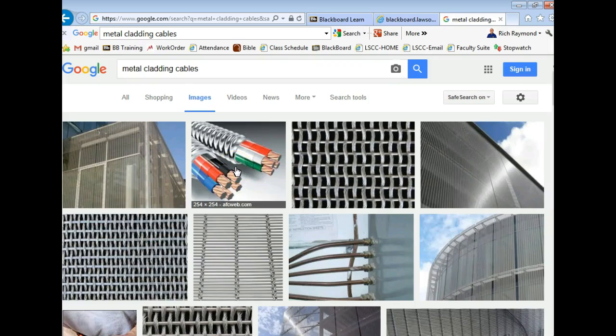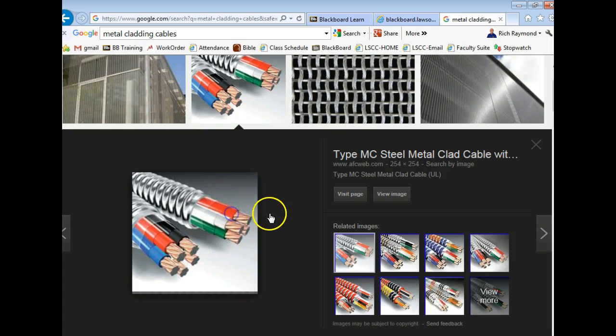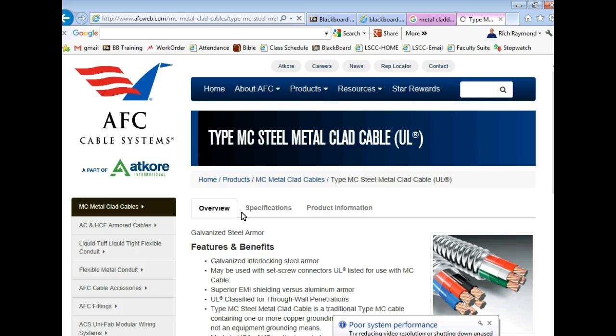The cables themselves, this is a pretty good picture. So the outside jacket of the cable is actually made out of what? It's made out of metal. It's usually ribbed, so it makes it what?